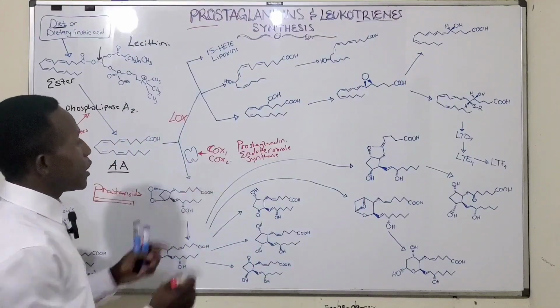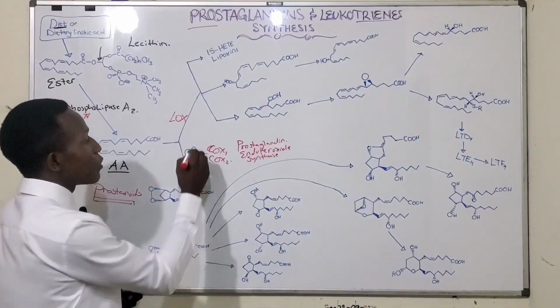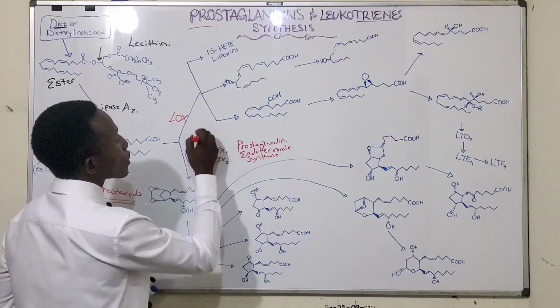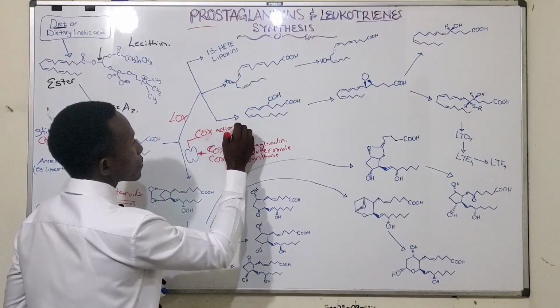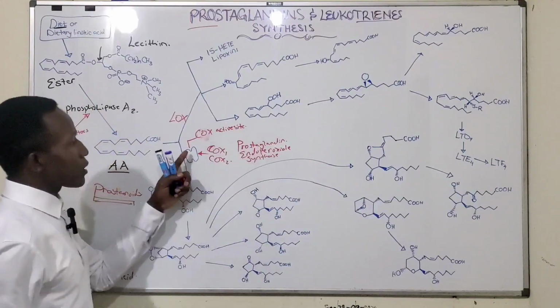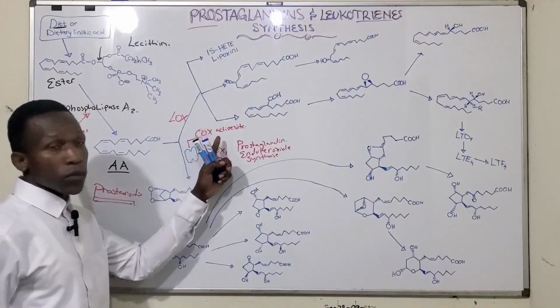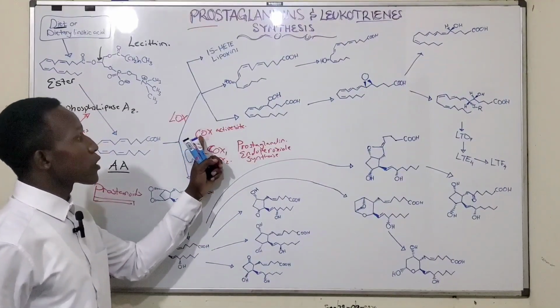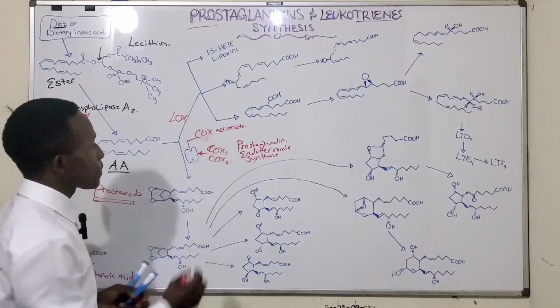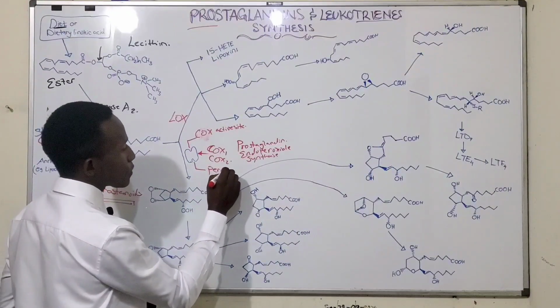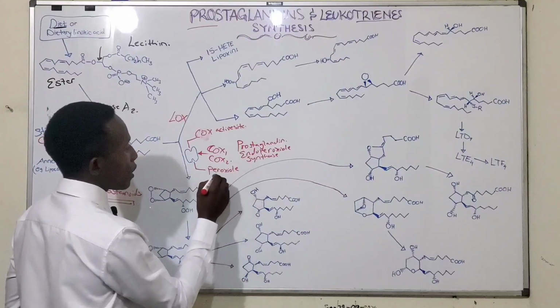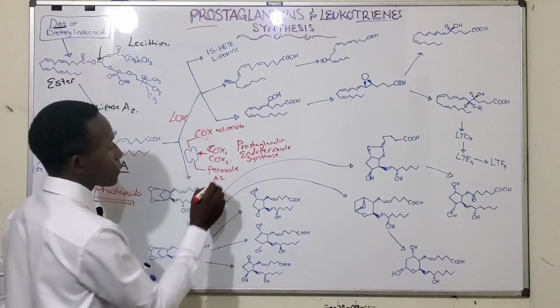This enzyme has two active sites. On this side, we have the COX active site, or the cyclooxygenase active site. And on this side, we have the peroxidase active site.